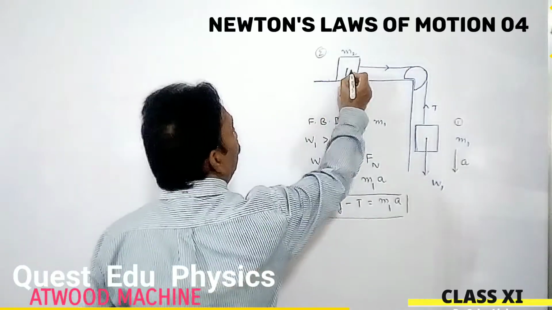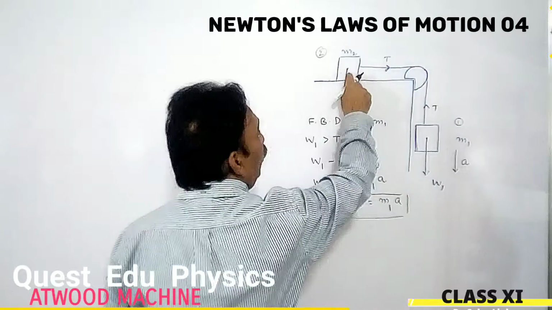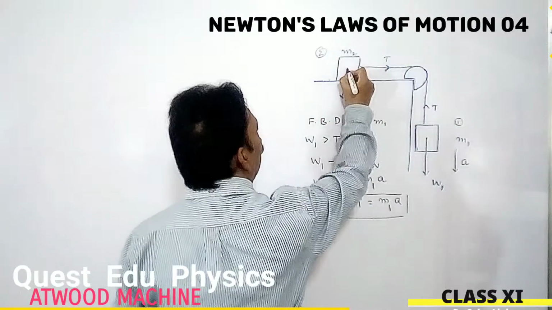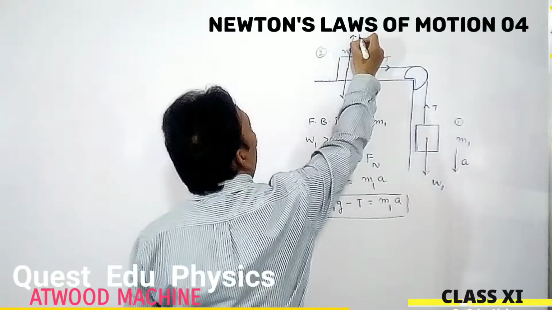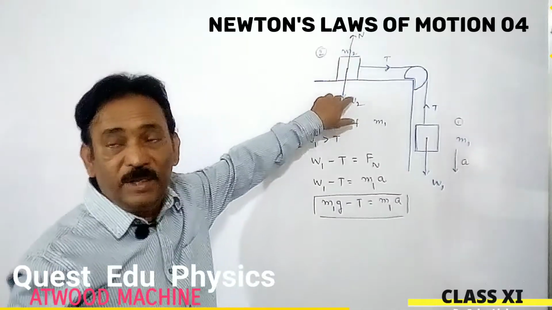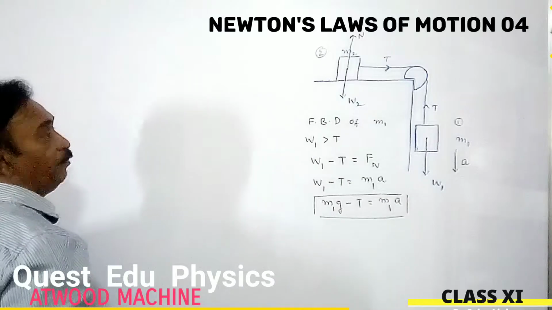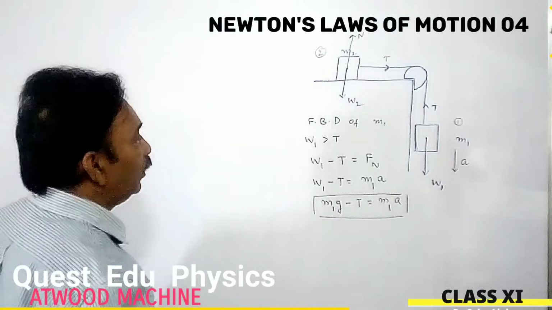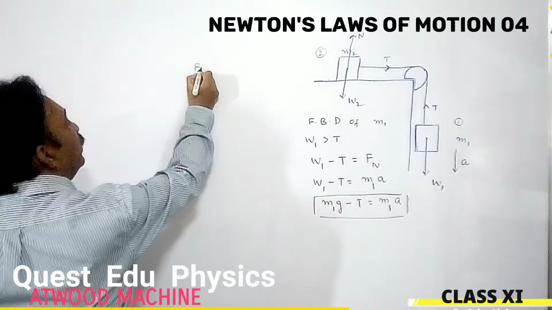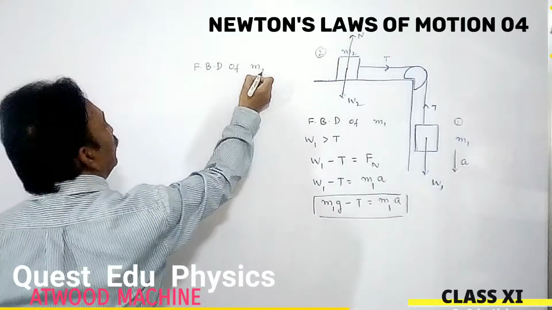Let's take this body. Here the tension in the string is providing the motion to the body. If you watch it carefully, weight is acting vertically downwards and it is a normal reaction. Normal reaction and weight of the body get cancelled with each other. Okay students, then only one force is making the body to move. Means what? FBD of M2.